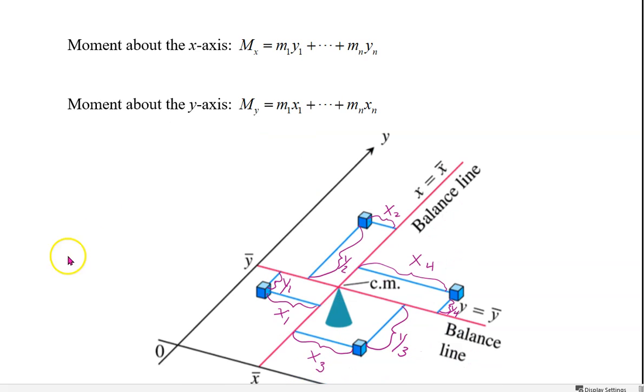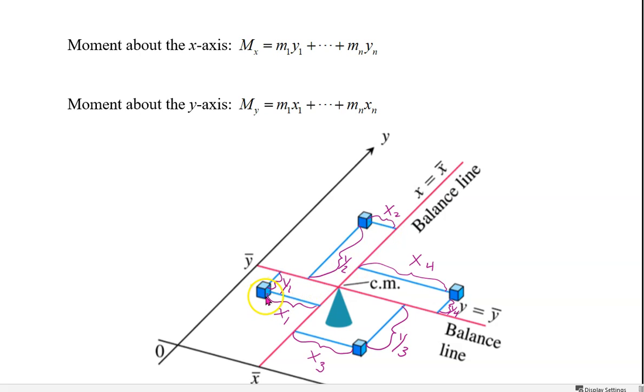The moment about the x-axis, then, is the sum of all the moments about the x-axis, and the moment about the y-axis is the sum of all the moments about the y-axis. Remember that when you're tending to rotate across this vertical thing right here, what you're adding up is the mass and its distance from that particular axis.